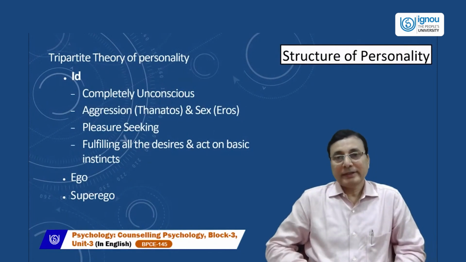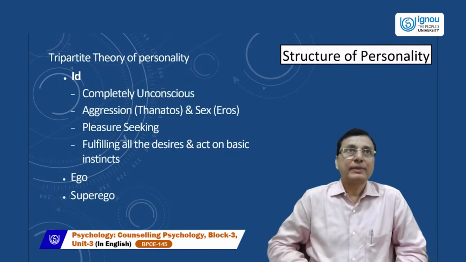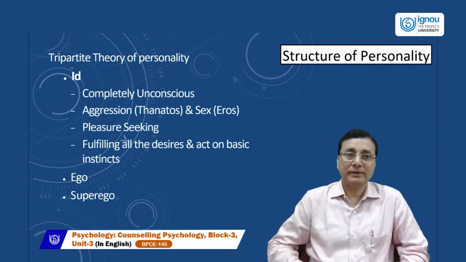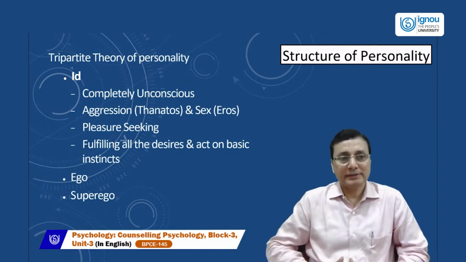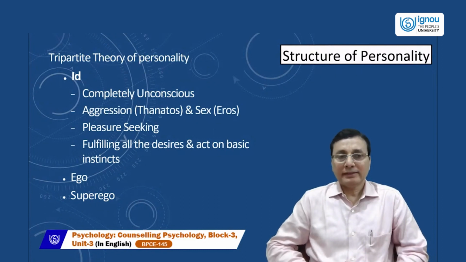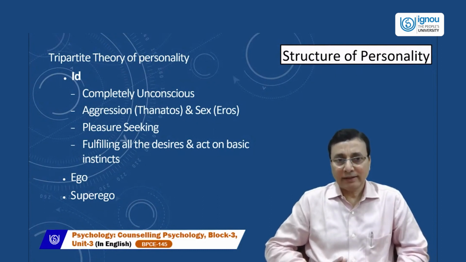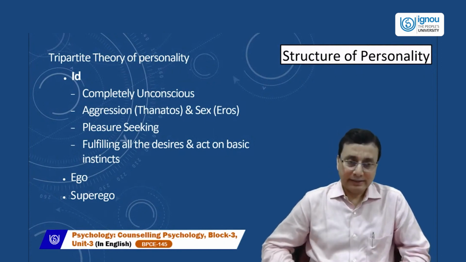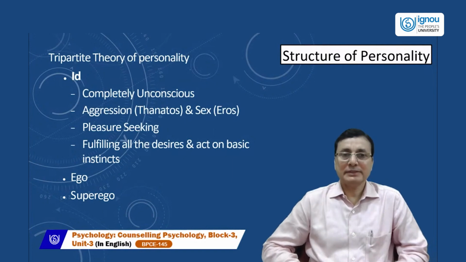So Freud has given the structure of personality, a tripartite theory consisting of the id, ego, and superego. The id is completely unconscious, and is guided by thanatos and eros. Thanatos means the death instinct, and eros means the life instinct.